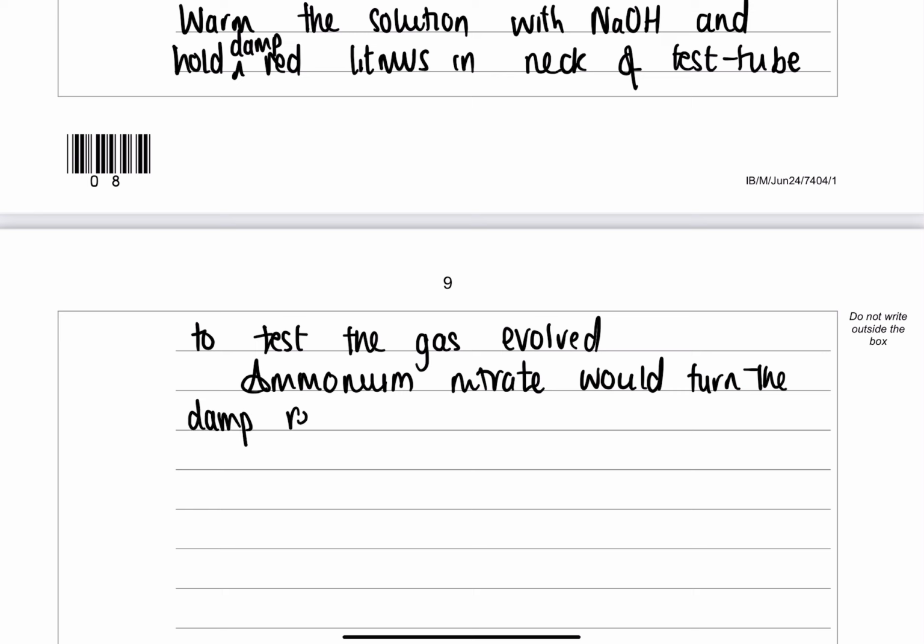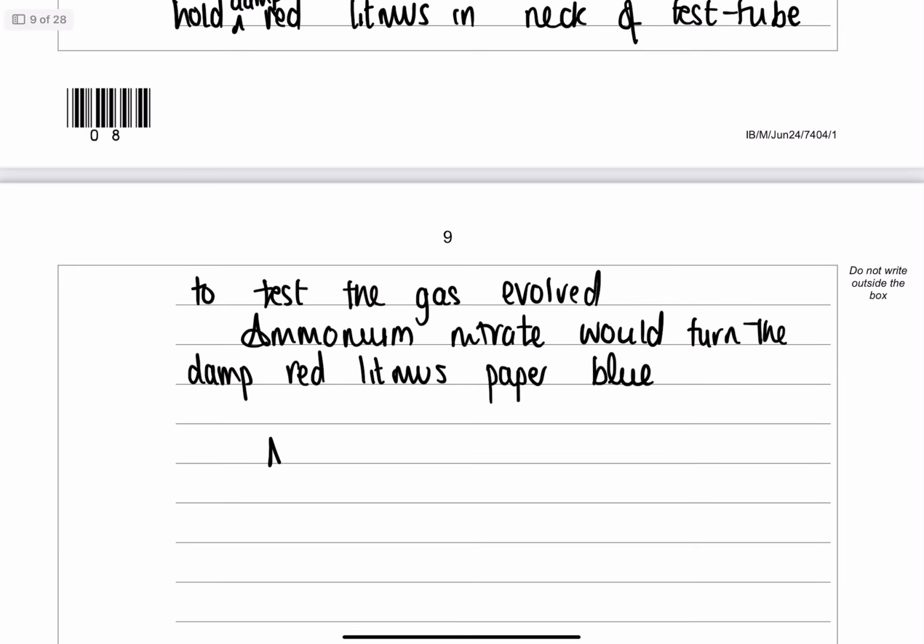It needs to be damp so it absorbs the gas. And that is because the ammonium ions react with the OH minus ions to give us the ammonia gas, which will then react with the water to give us ammonium ions and hydroxide ions, to show that it is alkaline.